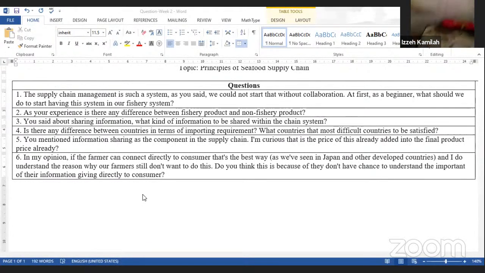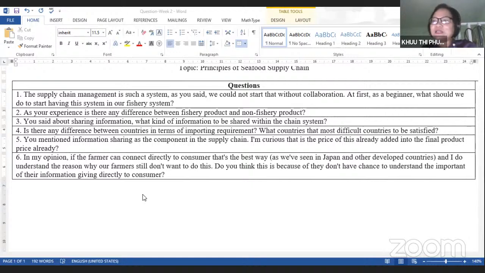And I do understand the reason why our farmers still don't want to do this. Do you think this is because they don't have any chance to understand the importance of giving their information directly to the consumer? Right, I totally agree. But as I mentioned in the first question, they don't recognize what the benefits are, exactly the cost they have to spend to integrate or to cooperate.